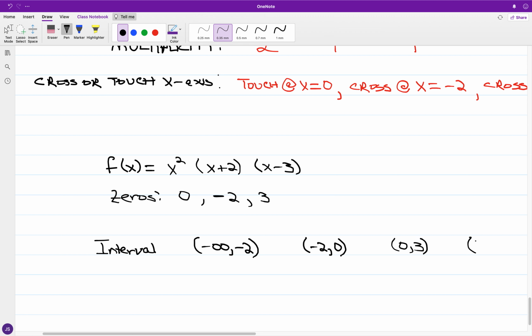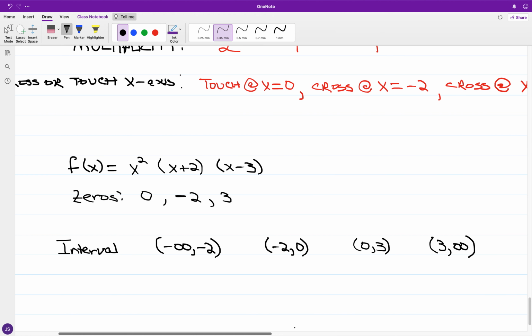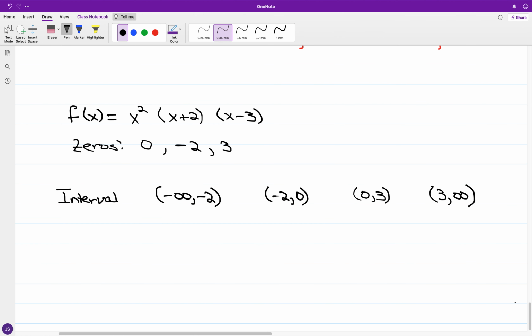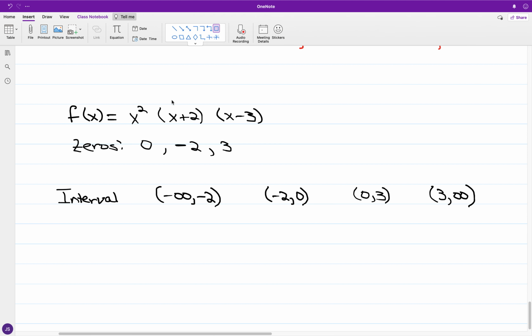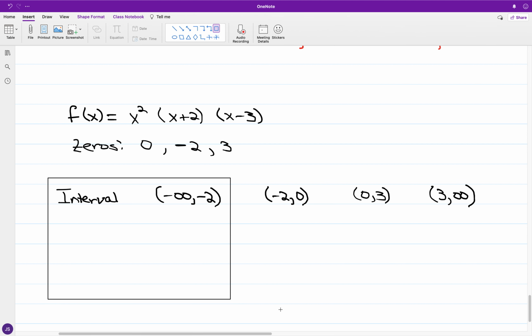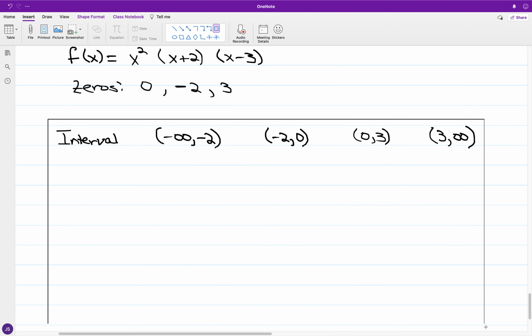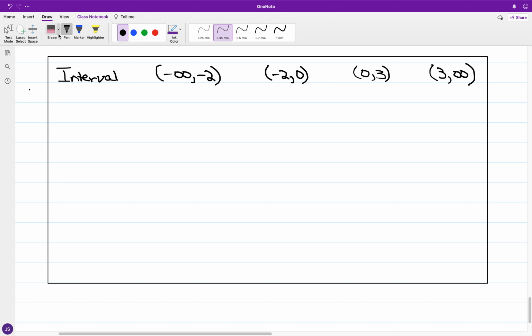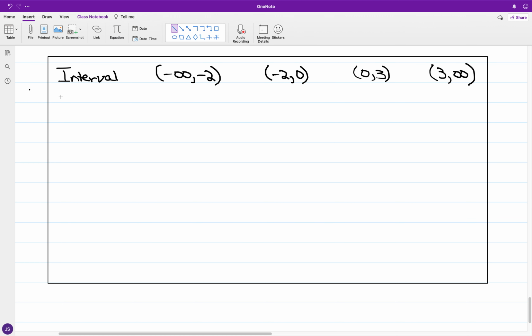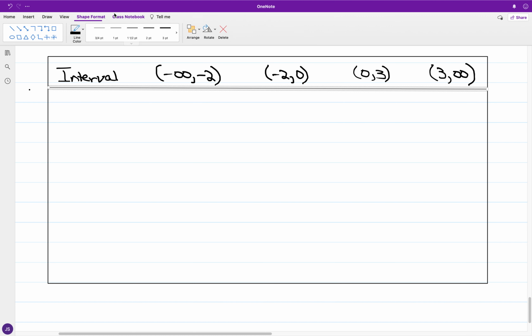And then at the highest end, we have those values of x which are greater than 3. And again, just separating.